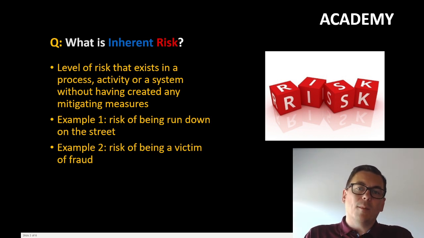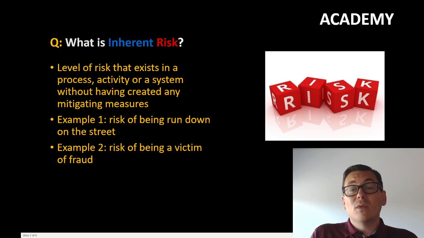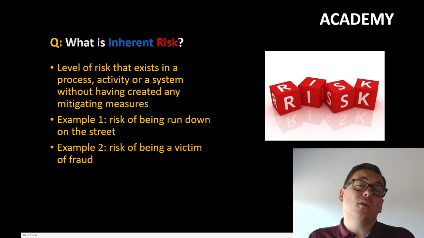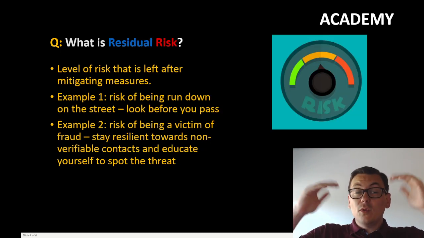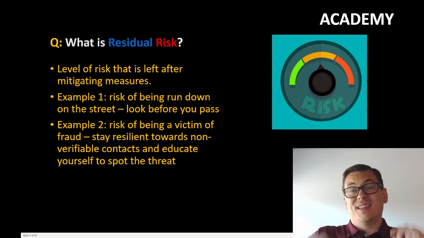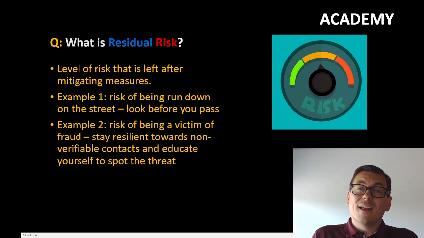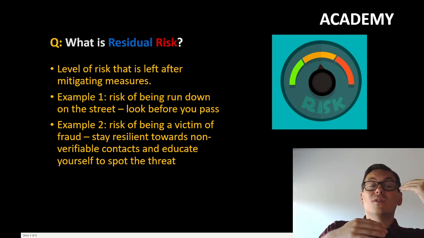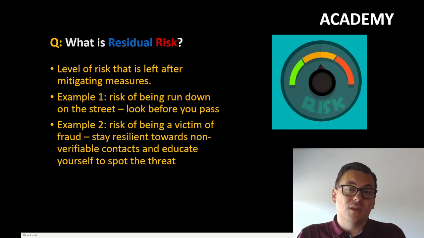We need to set up mitigating measures or control mechanisms so we can handle this inherent risk to a certain point where we can tolerate our own risk exposure. When we do this, what we end up with is the residual risk. So this is a risk that is left over for us when we have done our control mechanisms, when we set in our mitigating measures.